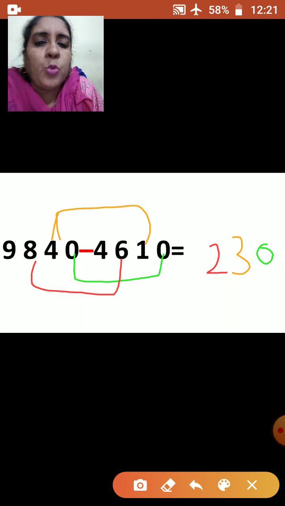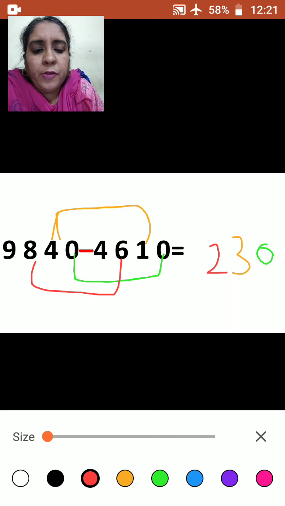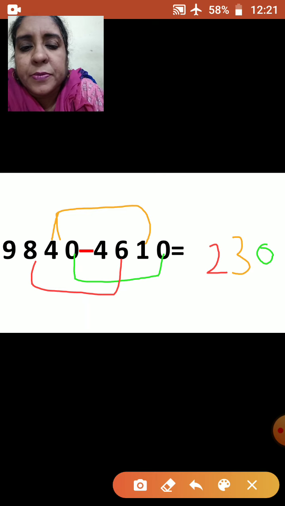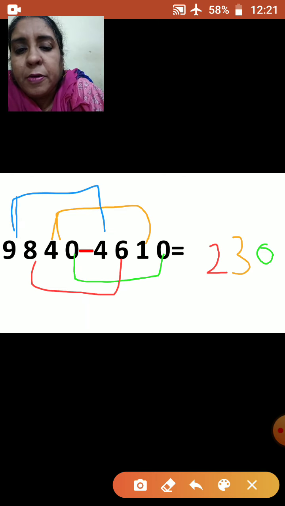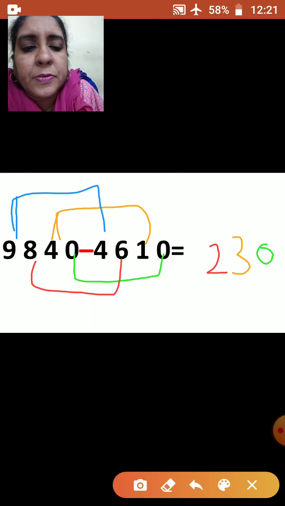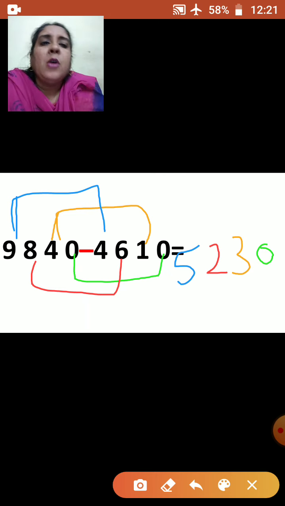Yes, 2. Now we will go to thousands place. Now see the numbers on thousands place. 9 and 4, right? So 9 minus 4. How much is it? Yes, 5. So what will be your answer?